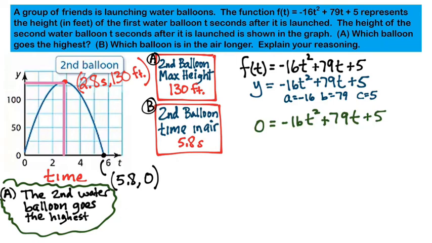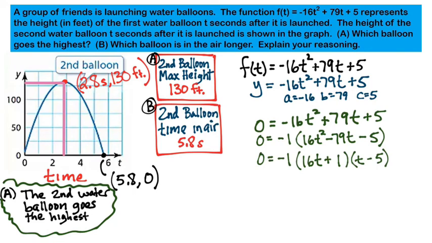The way that we know to solve this equation, y equals negative 16t squared plus 79t plus 5, is by factoring. The first thing I'm going to do, because my a value is negative, is I'm going to factor out the greatest common factor of negative 1. Now I'm going to break 16t squared minus 79t minus 5 into its binomial factors.